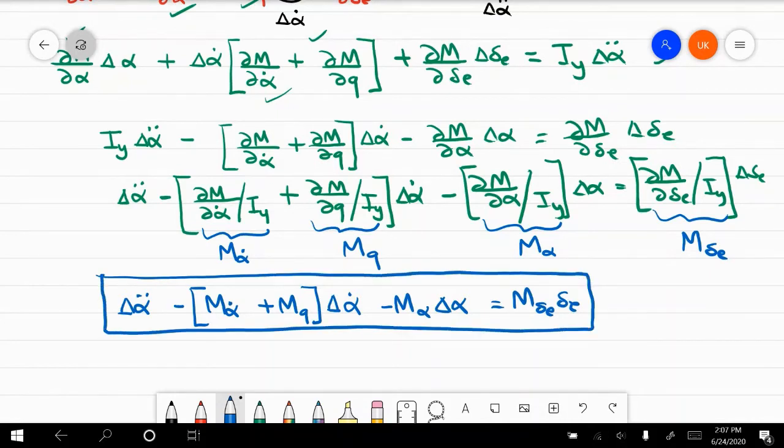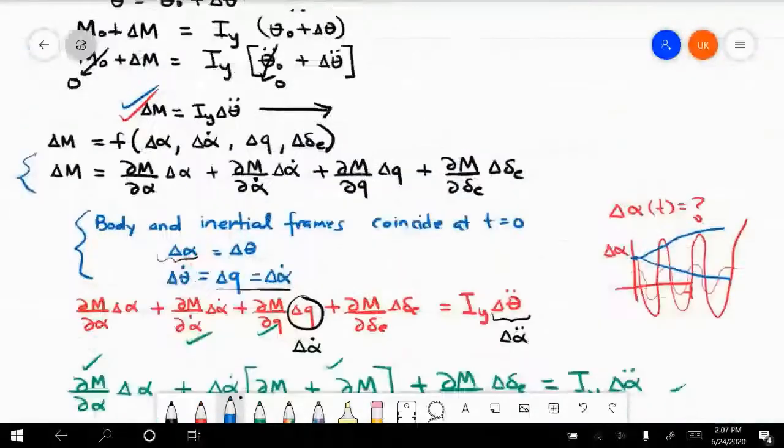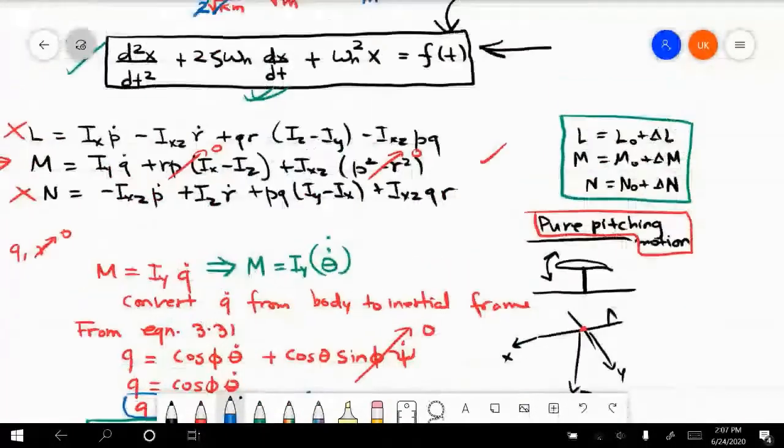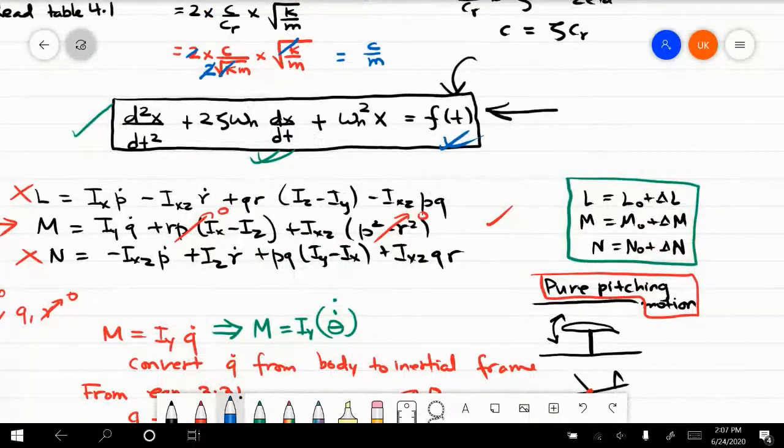Now I should compare this with my previous equation. I should compare it with this form of the second order differential equation.